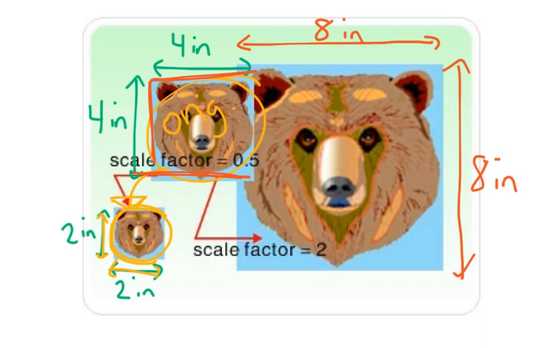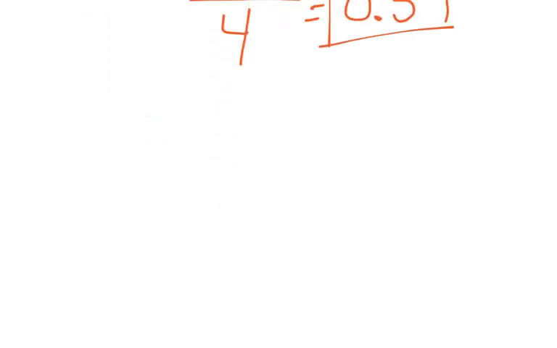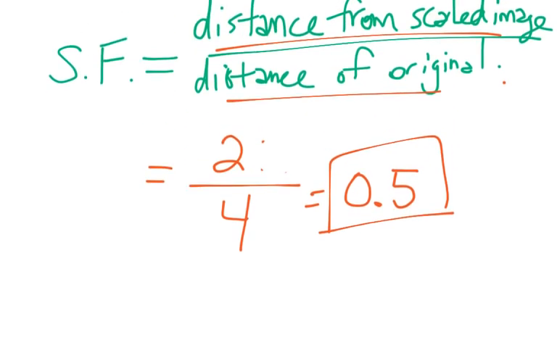Next, take a look at the enlargement, this one over here. You can see that it has grown twice in size. The original distance was 4, and the new distance is 8. So if we're going to calculate the scale factor of this enlargement, first I'm going to find the distance of the scaled image.